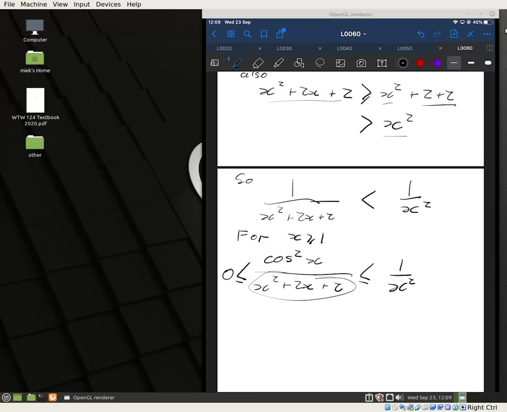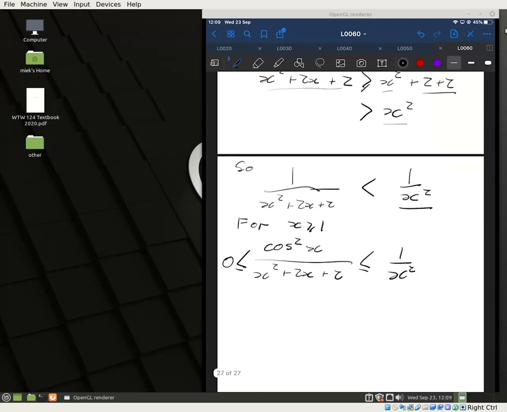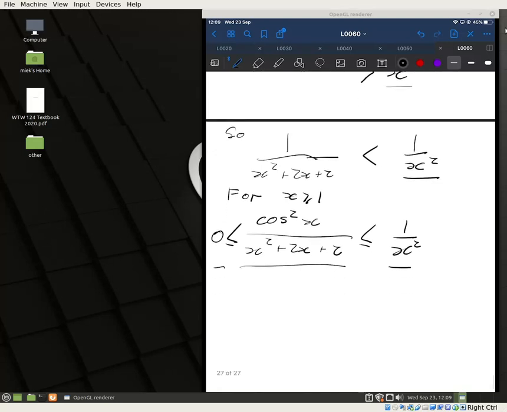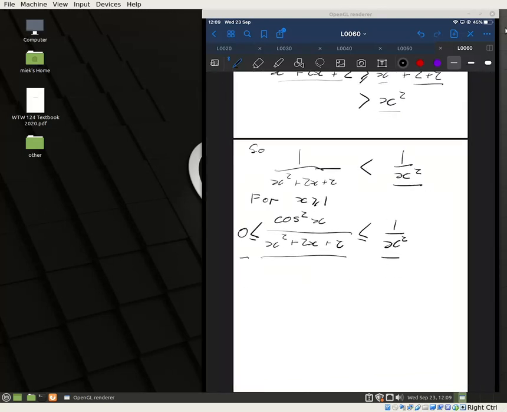So this part is less than 1 over x squared, and the cosine squared is less than 1. So we see here, for x greater than 1, we have this expression sandwiched in between 0 and this simpler expression.